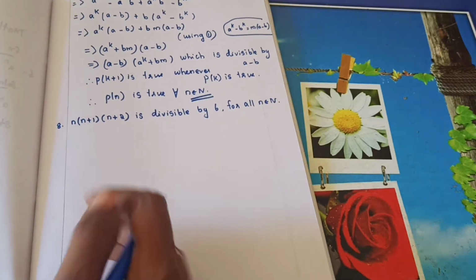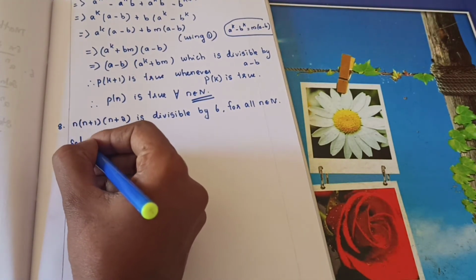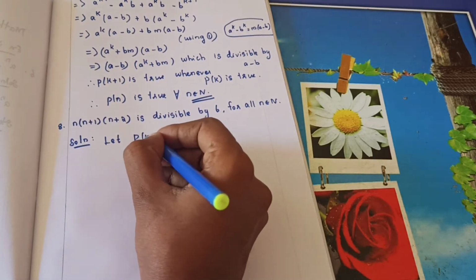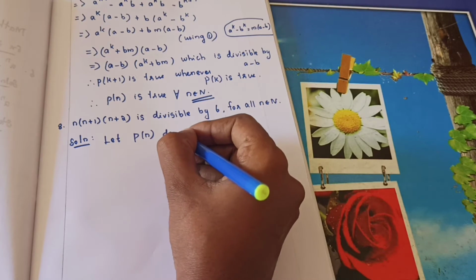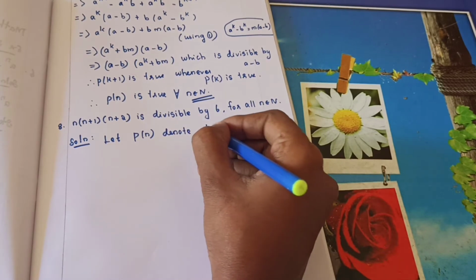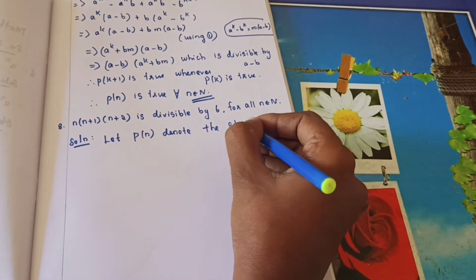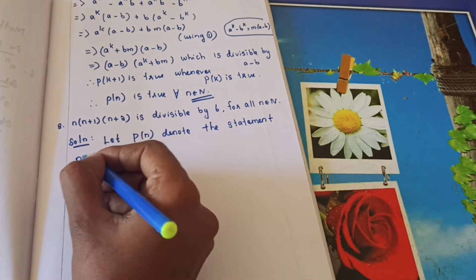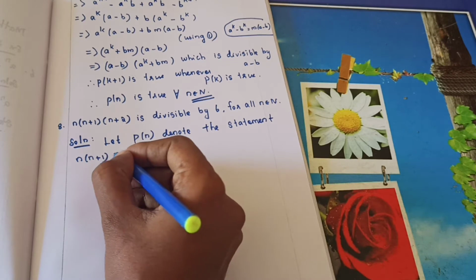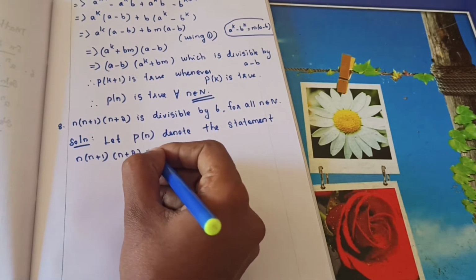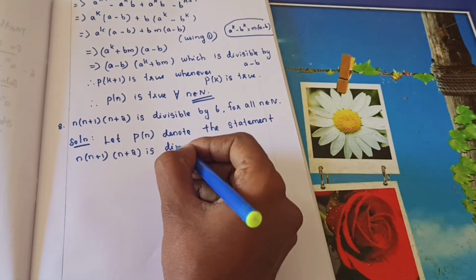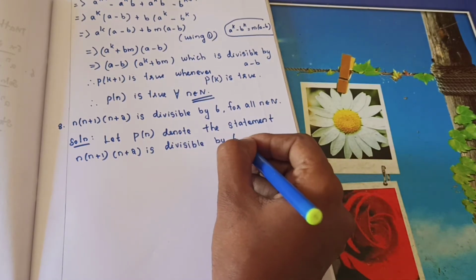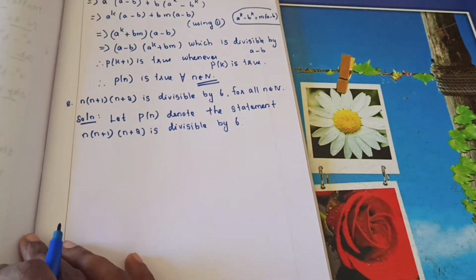Okay. So let us denote the statement. Let p of n denote the statement n into n plus 1 into n plus 2 is divisible by 6. Okay, so that's a given statement.